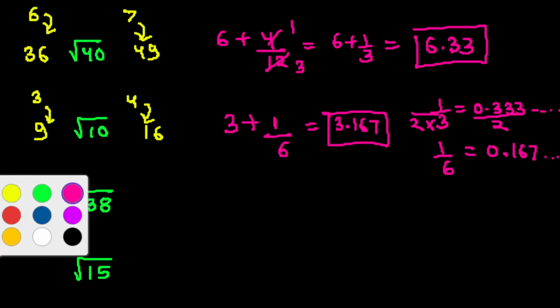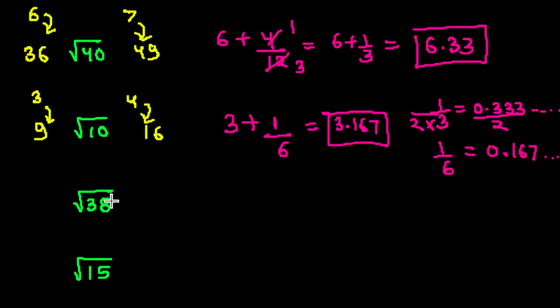Give it a try for the third one, just in case you did not try this one. So 38, nearest square number 36, next square number 49. It is in between, and it is clearly closer to the one that you get from 6. So we will start with 6 and we will add the difference to it. 38 minus 36 is 2.